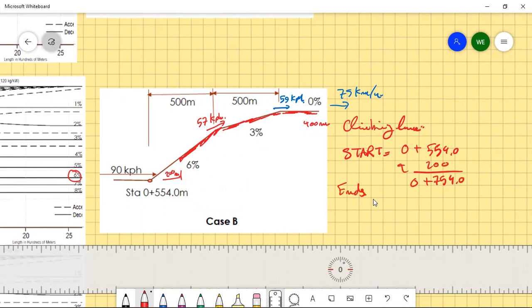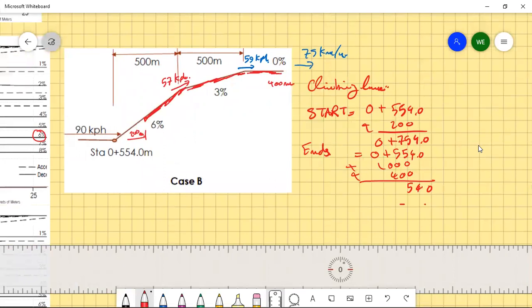It ends after this station by 1000 meters plus 400, so it's going to end at 0 plus 459 plus 10. That's the end of the climbing lane.